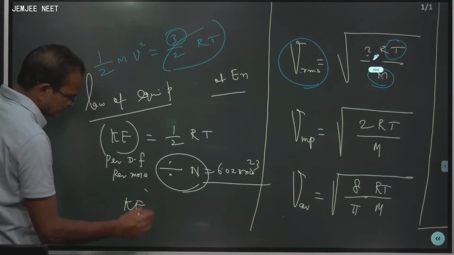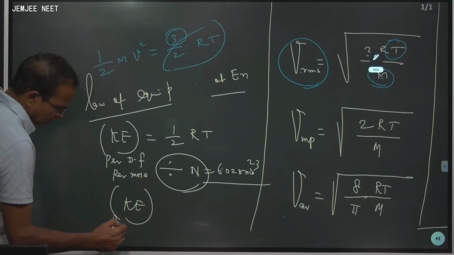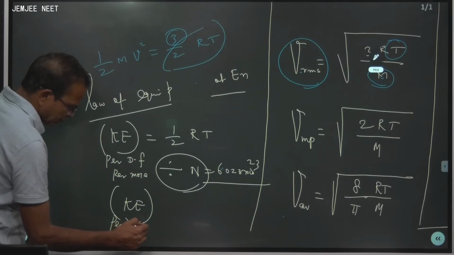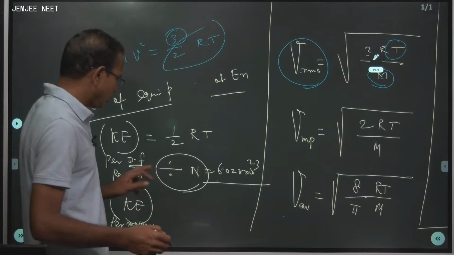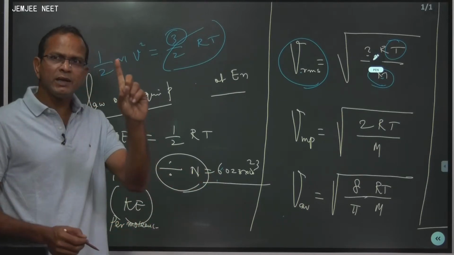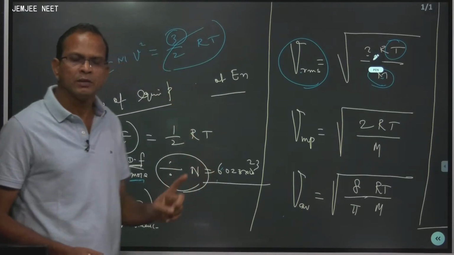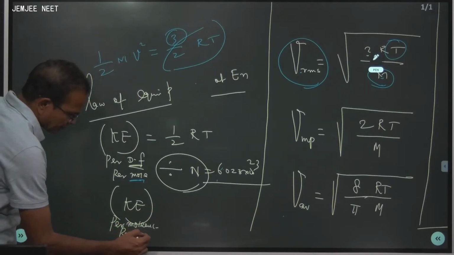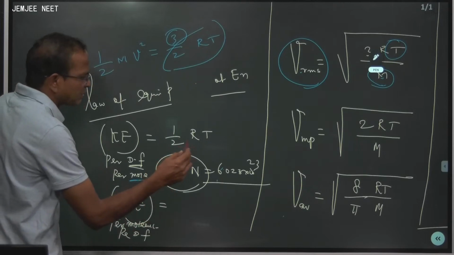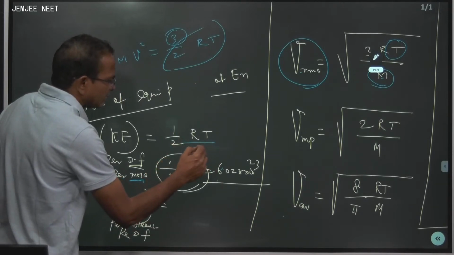Kinetic energy per molecule, instead of N number of molecules in 1 mole, now you get only 1 molecule, right? Per degree of freedom. What do we do? This side is to be divided with N. What is R by N?